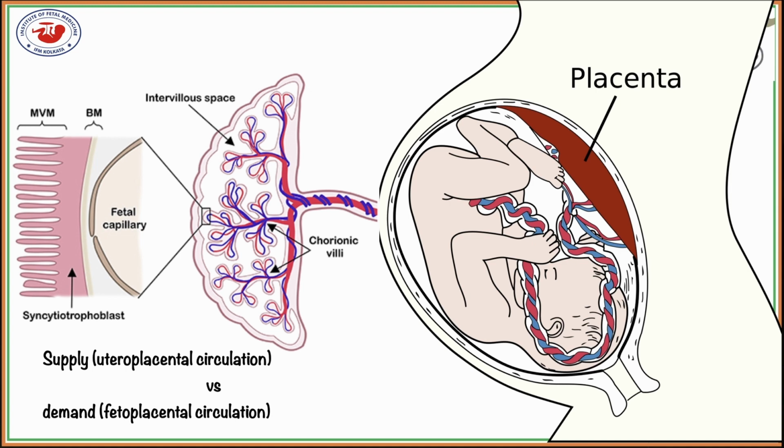Whenever there is discordance between supply and demand, less supply or more demand, like in twins, we see the growth is a little bit less for both because demand is more, supply is restricted, or vice versa. If there is placental damage, supply will be less. Demand may be the same, but supply is less. So if there is a problem with this supply and demand, then there is a very high chance of issues like fetal growth restriction.